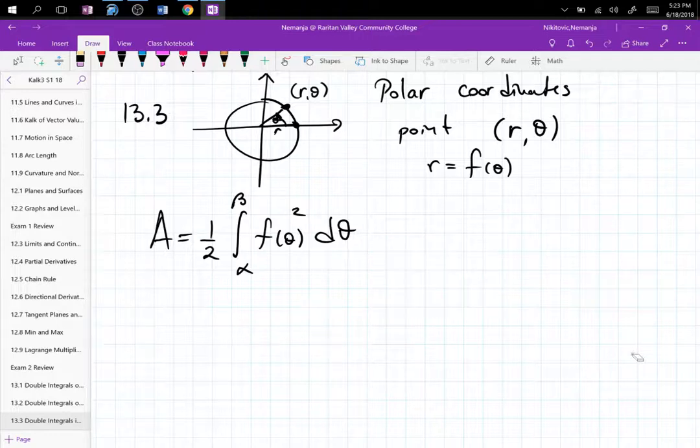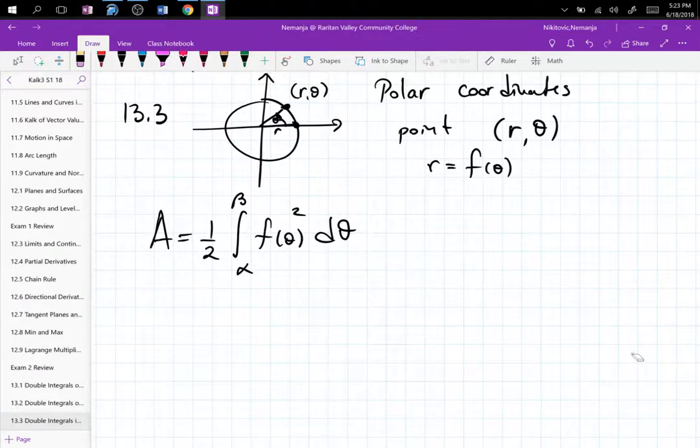You really don't want to mess with a cone if you are working with the double integrals with the x and the y. With polar coordinates, that's much easier. Cylinder is much easier. Everything is much easier when it's round like that.